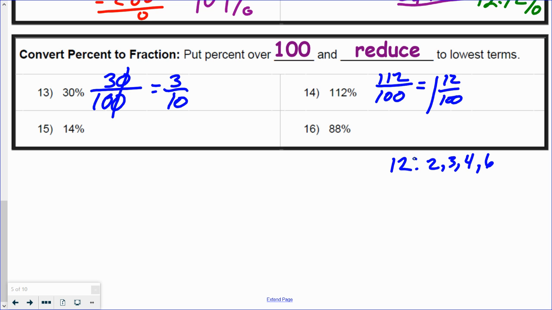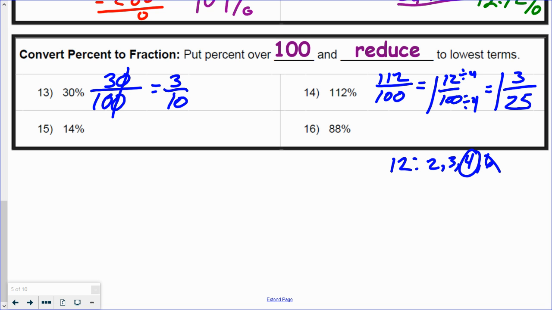Can any of these numbers go into 100? Can 6? No. Can 4? Yes. So that's their greatest common factor. So I'm going to divide both by 4. And I get 1 and 3/25. And that is in simplest form.